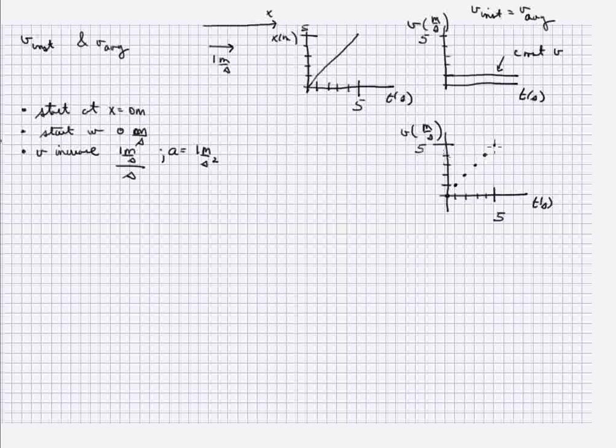So you'd get a straight line that looks like that. And the equation for that line is actually v is equal to 1 times t. And the coefficient multiplying t is the acceleration. So let me just highlight that. This right here is the acceleration, and it is constant.